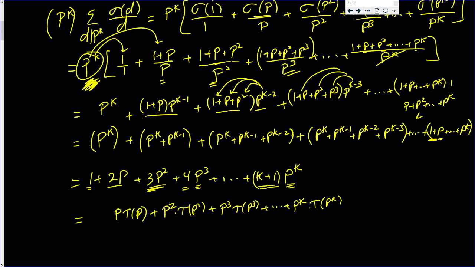And this 1 is like 1 times 1. This is 1 times tau of 1. Tau of 1 is 1.